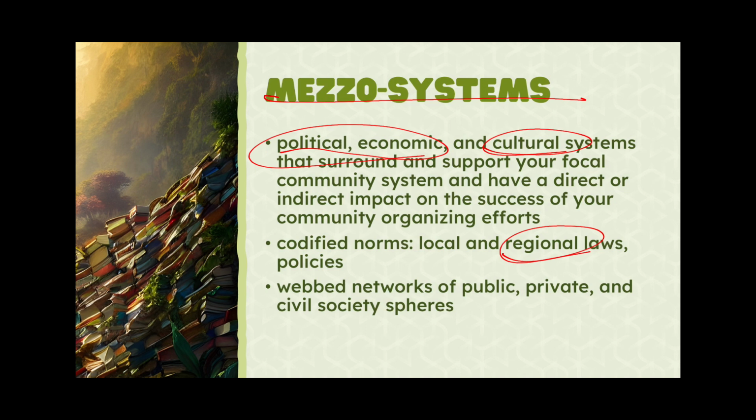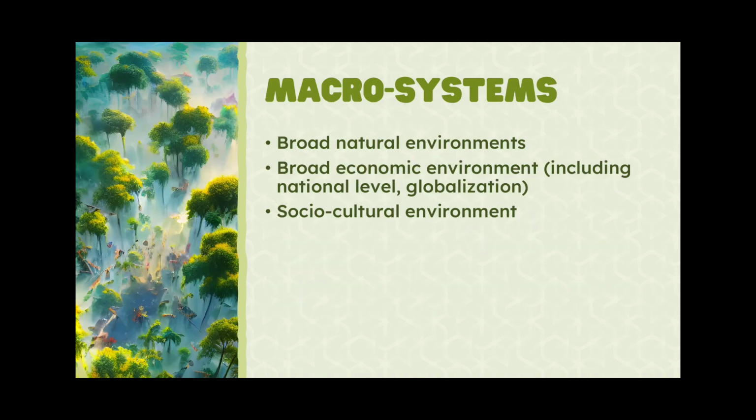This is also the web of networks of public, private, and civil society spheres found in that particular community, and the norms, the symbols, the different elements of culture, codified and not codified, and all of the institutions working in that focal community. That's your mezzo system. Next, you have your macro systems.